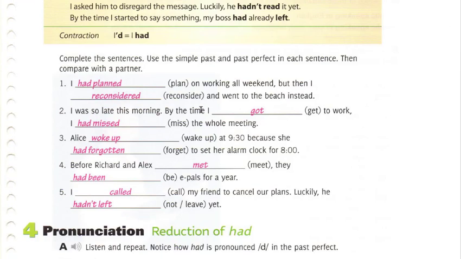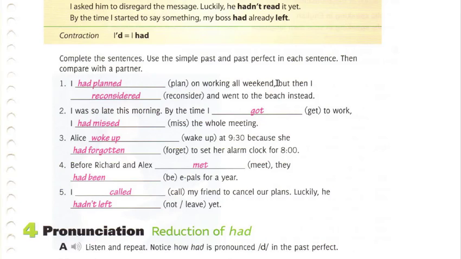Okay. Here we have a writing activity. We have past perfect and simple past. Remember, the past perfect uses the word had, and we're going to use the words in the parentheses. So it's number one, I had planned on working all weekend.